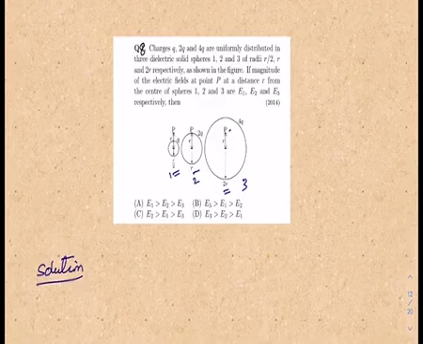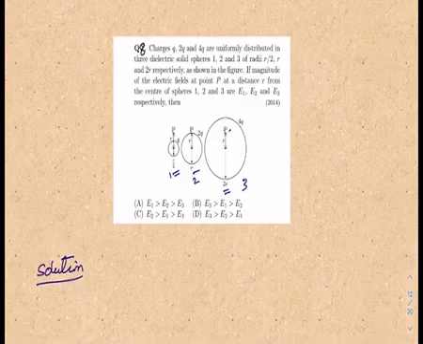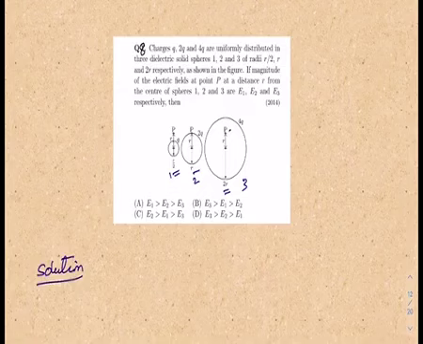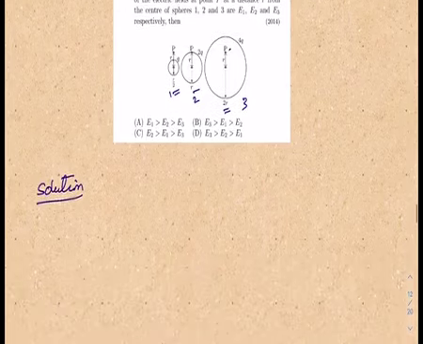If the magnitudes of the electric field at point P, at a distance r from the center of spheres 1, 2, 3, are E1, E2, E3 respectively, then these are the correct options.